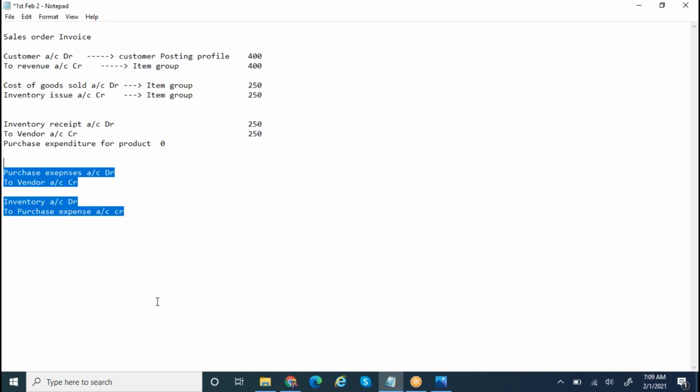Agree with me, Takir? Yes, sir. So in your learning, in your commerce, it is expenses account data to vendor account credit, you have always learned this one. Am I right? Yes. But actually this is not an expenditure. I'm purchasing inventory, so this inventory is up and I'm decreasing the value of the purchases.